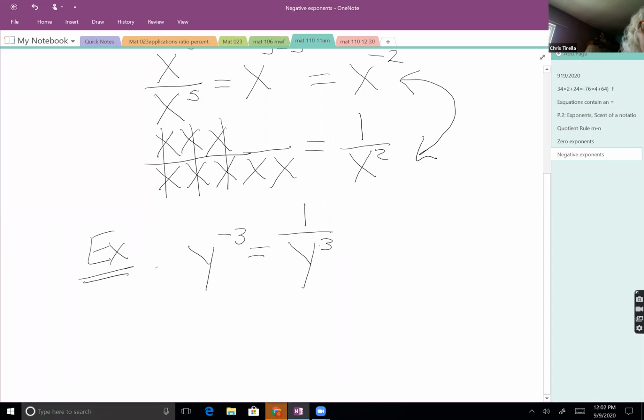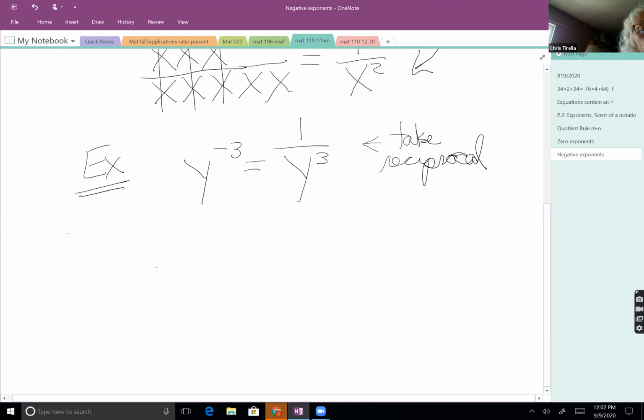A lot of times we look at this also by putting 1 over as telling us to take the reciprocal. Now, a lot of times with these problems, you see directions that say write with only positive exponents.